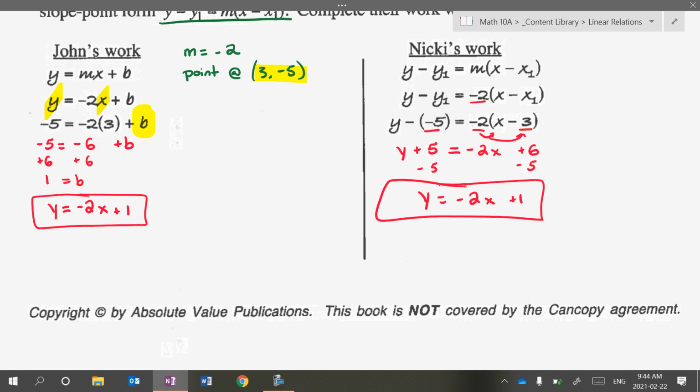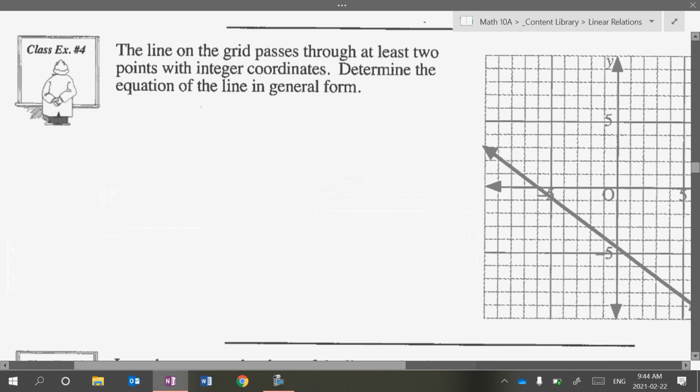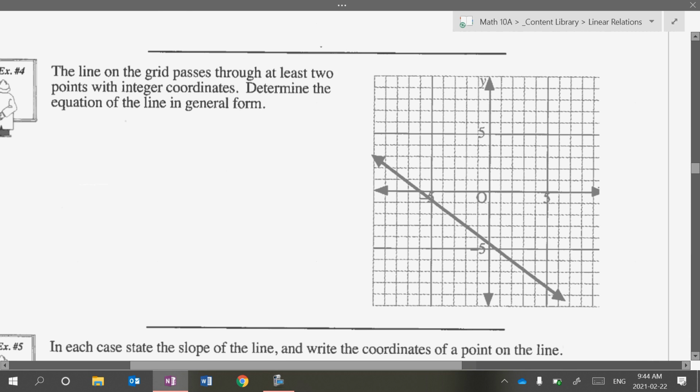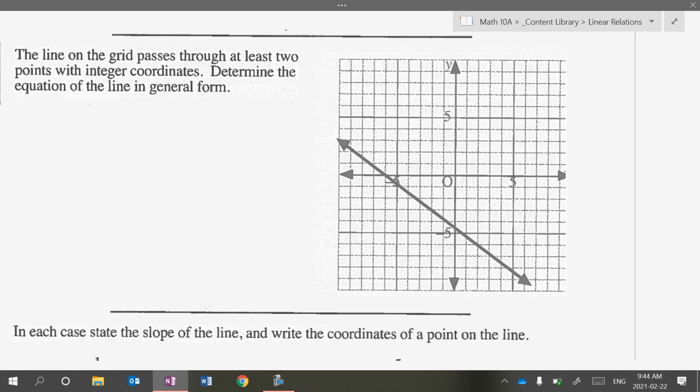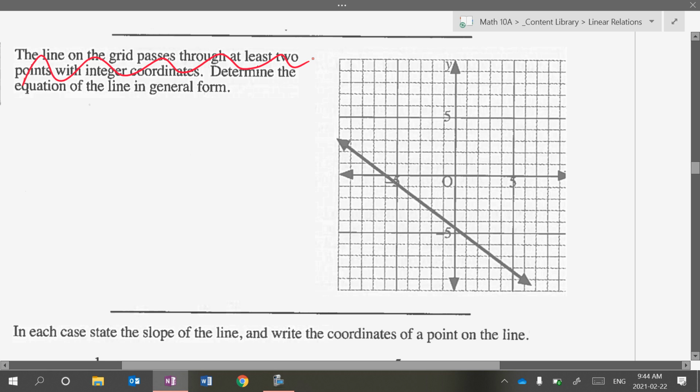Turn the page. So I'm going to change this question, and that's because I skipped lesson 3. But basically, if you're given this graph, let's write the equation in slope point form.